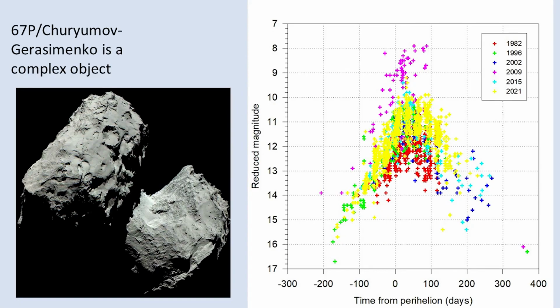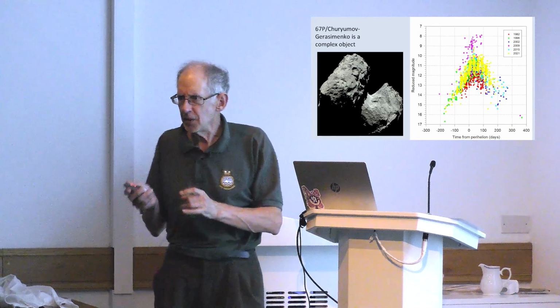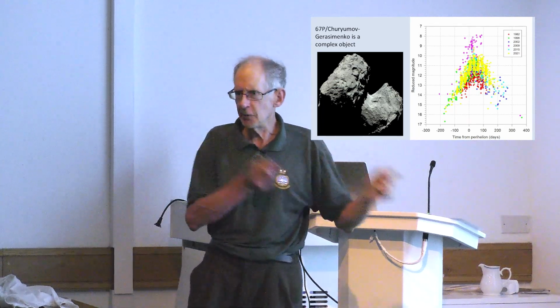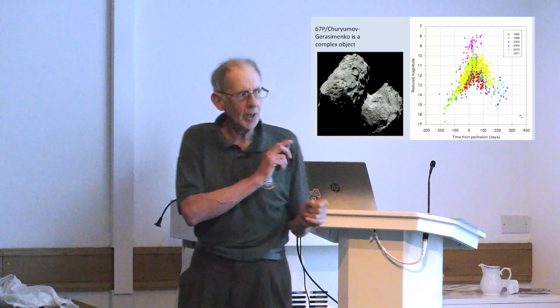It could be that the comet's nucleus is precessing and different parts of the comet are being exposed to sunlight at each return. It could be erosion, and that's changing the shape of the comet from return to return. But those are all speculations. I think what we will need are future spacecraft to go and visit it again to see how it's changing.